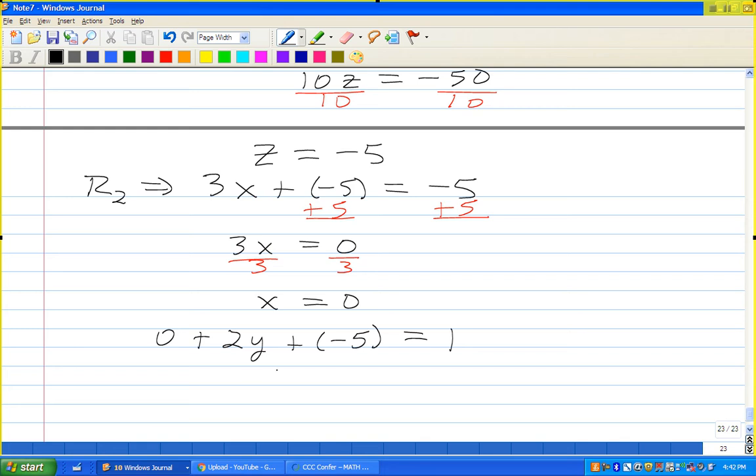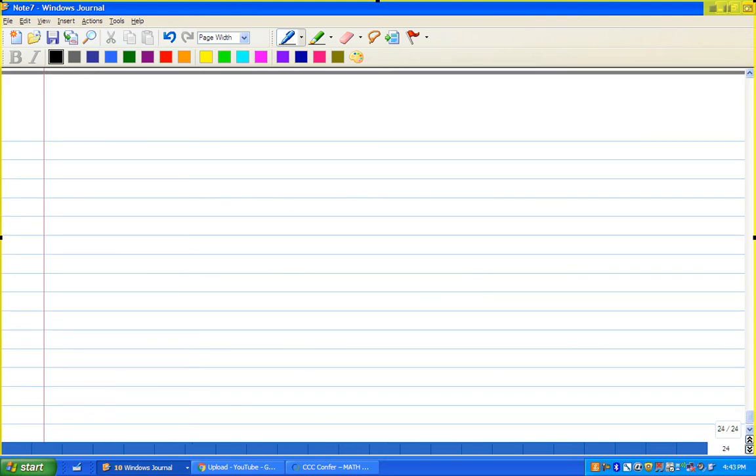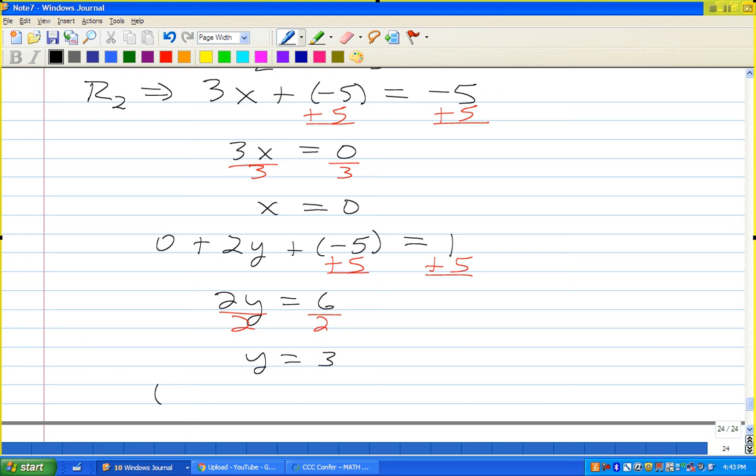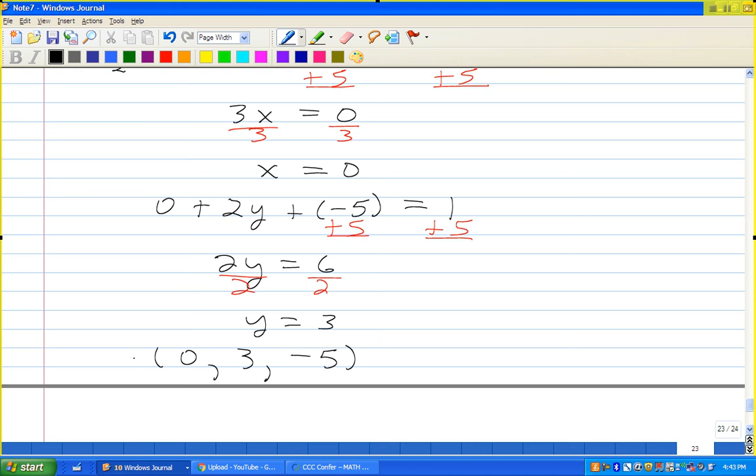And so I have that. Let's add 5 to both sides of your equation. So I have that 2y is equal to 6. Divide both sides of your equation by 2. So y equals 3. So my solution is x is 0, y is 3, and z is negative 5. And that is the solution to my system.